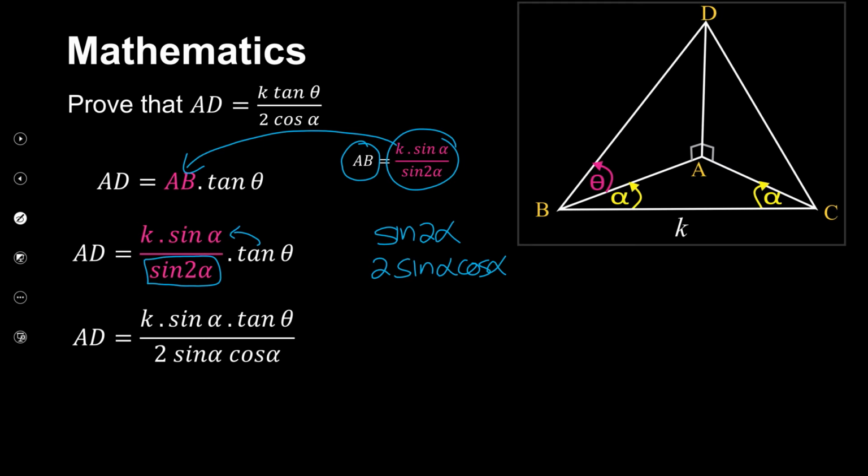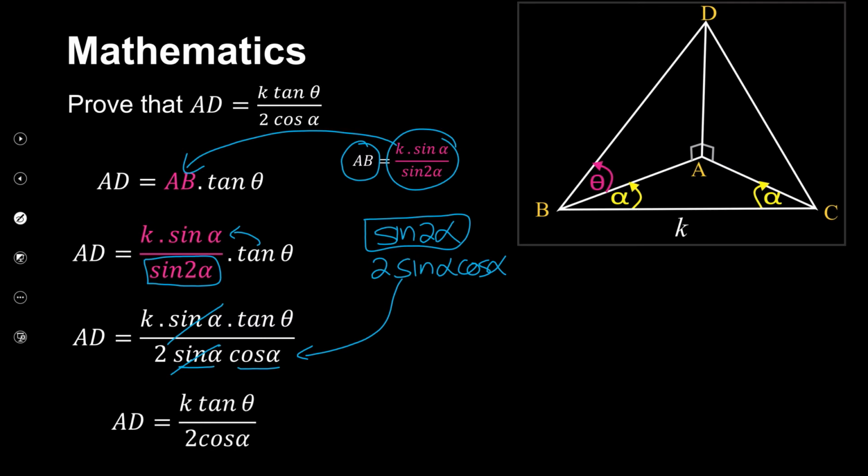So we've got k times sine of alpha, tan of theta, over 2 sine alpha cos alpha. Now the sine alpha will cancel out, and what are we left with? k tan theta over 2 cos alpha. And that's exactly what they asked us to find.